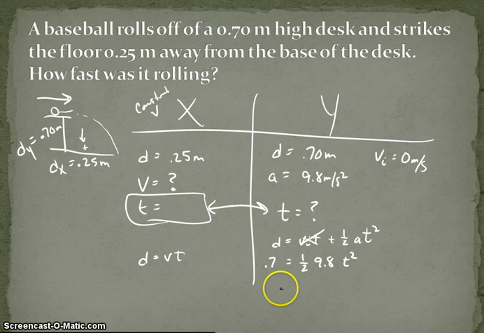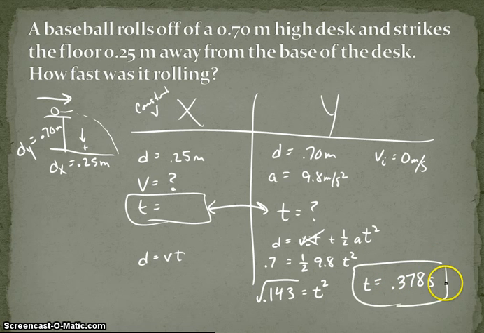I get 0.143, but remember that's time squared, so now I have to take the square root of that, and so I get a time that's equal to 0.378 seconds. Okay, now that's the amount of time that my baseball is flying in the x direction, and so now I can use that time to figure out my velocity.